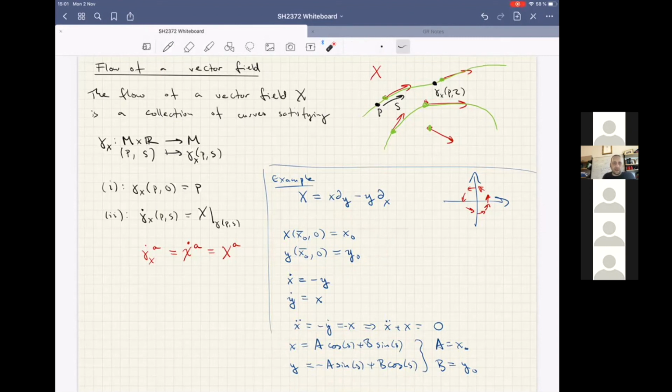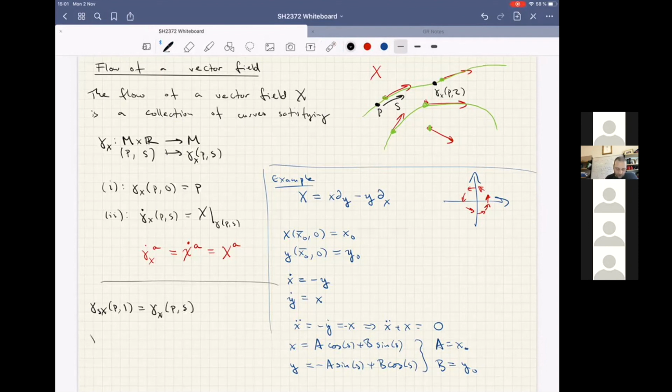Just one more thing: if you consider now gamma of sX, so if we multiply the vector field by some value s, then gamma sX of p and 1 is going to be the same thing as gamma X of p and s.